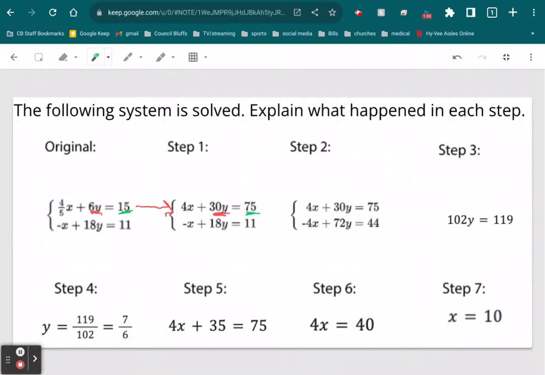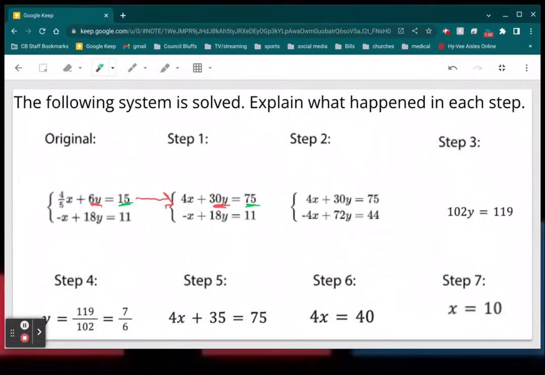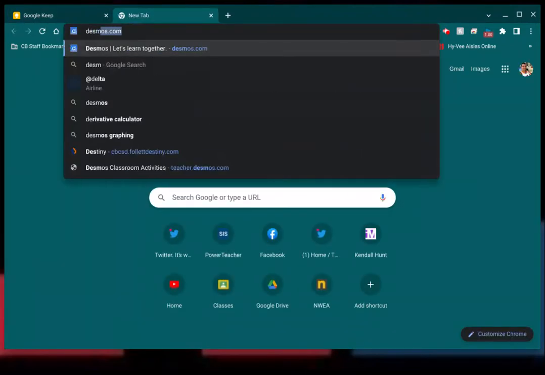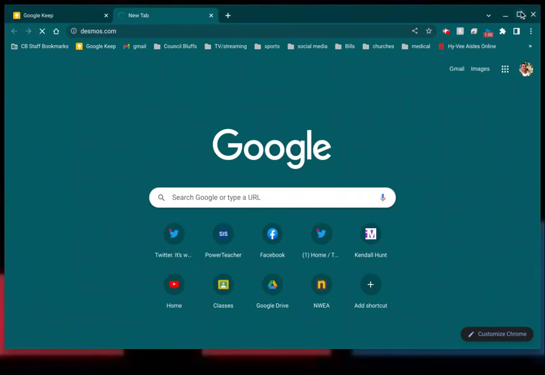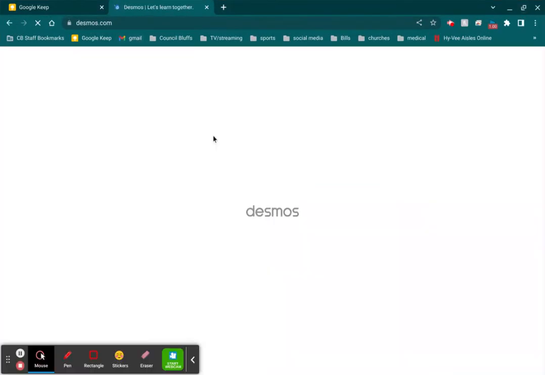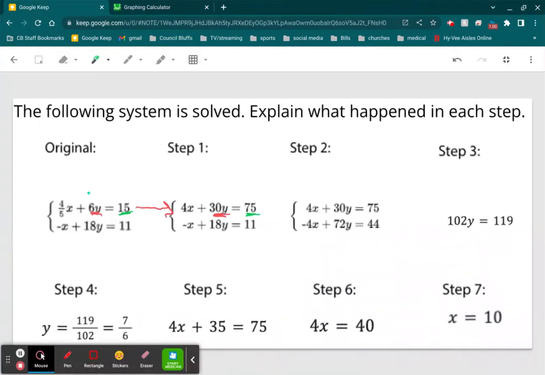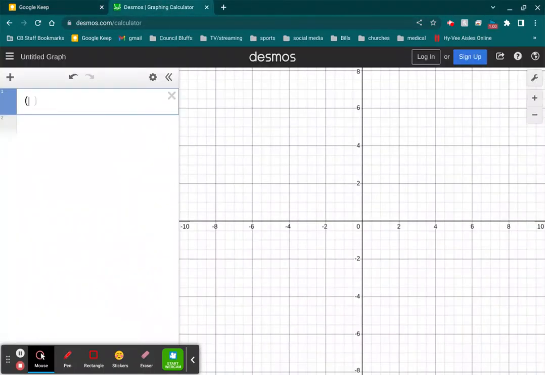Okay, so it looks like what they did was multiply the first equation by 5, because 6y times 5 is 30 and 15 times 5 is 75. If we weren't sure, let's check on Desmos to make sure the calculations are right. Is 4/5 times 5 equal to 4? Let's check here. 4/5 times 5 is indeed equal to 4.